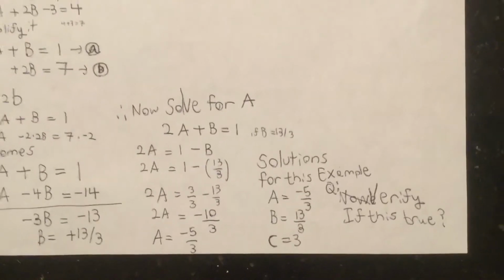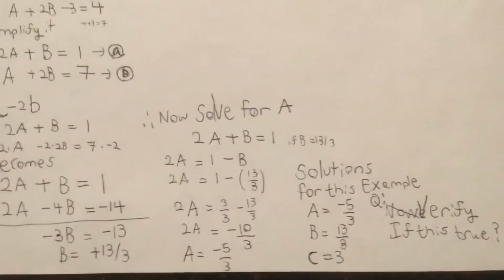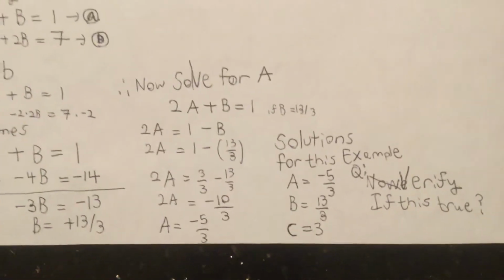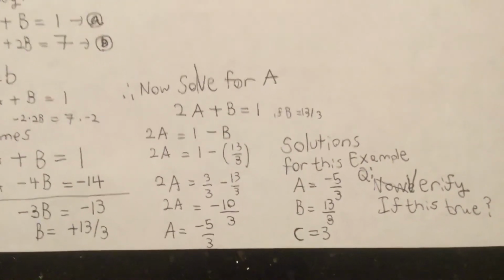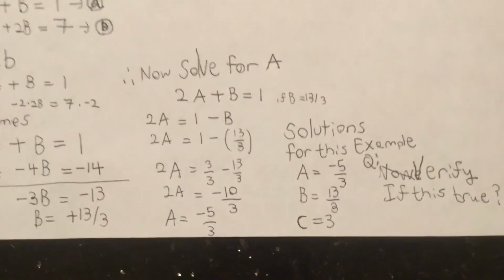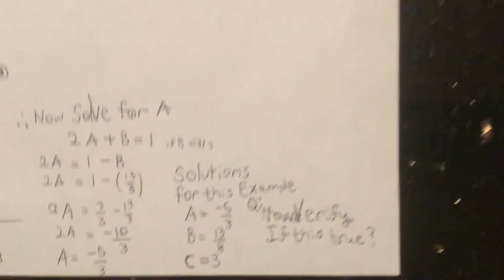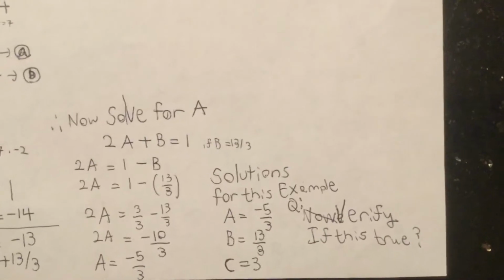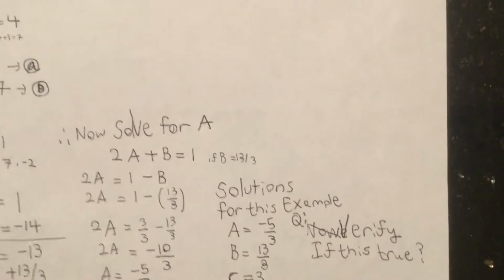Before I solve for a, I evaluate the right side: I rewrite 1 as 3 over 3 minus 13 over 3, and I end up with negative 10 over 3. 10 and 2 go in together, so now I'm left with a equal to negative 5 over 3. So the final solutions for this first example are a is equal to negative 5 over 3, b is equal to 13 over 3, and c is equal to 3.